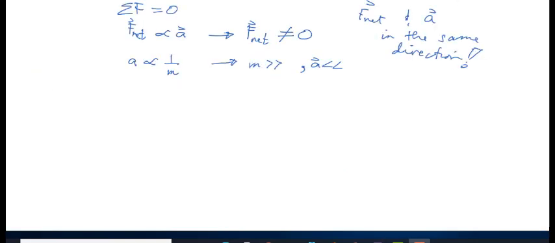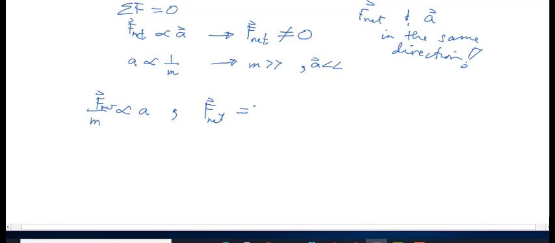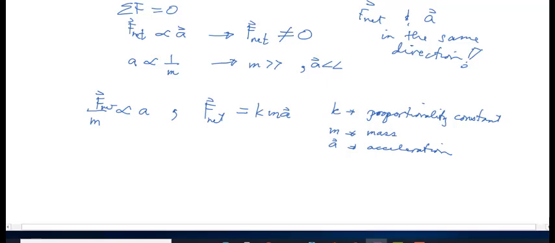Replacing the proportionality sign by the equality sign, the equation becomes F net is equal to K M A, where K is our proportionality constant, M is the mass of the body, and A the acceleration. This equation will be made simpler if the proportionality constant K is made equal to unity. This can be done with the proper choice of units.